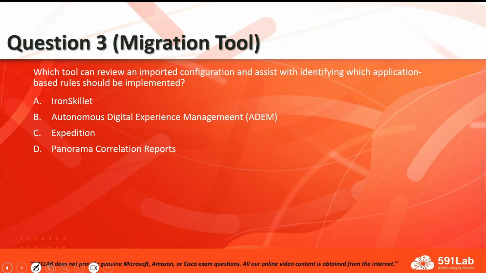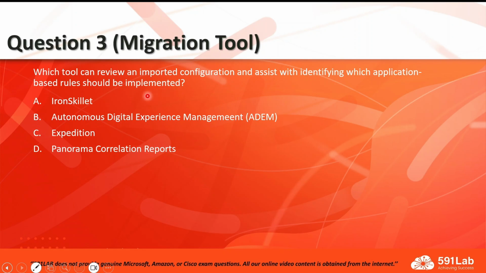Let's go to question number 3. This question is about the migration tools provided by Palo Alto. The question is as follows. Which tool can review imported configurations and assist with identifying which application-based rules should be implemented?